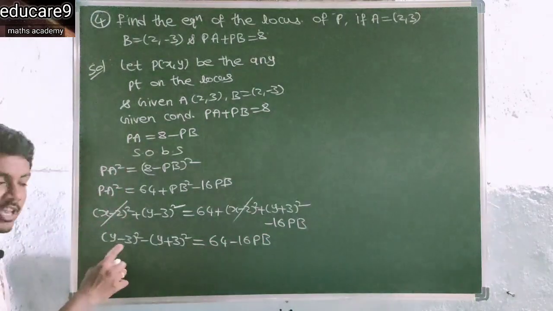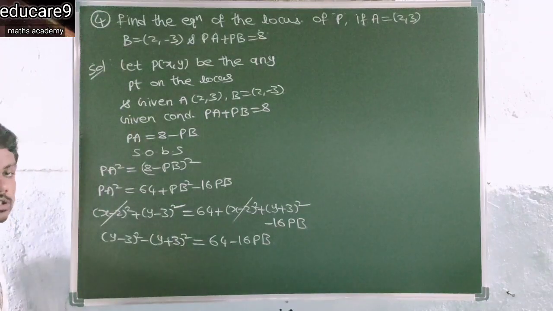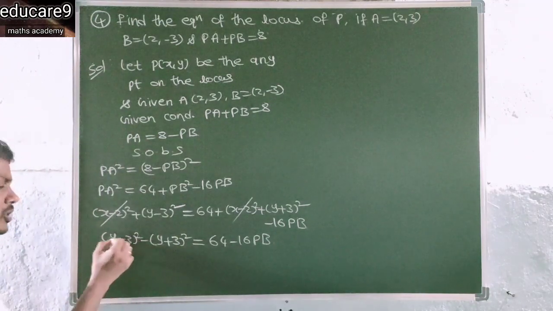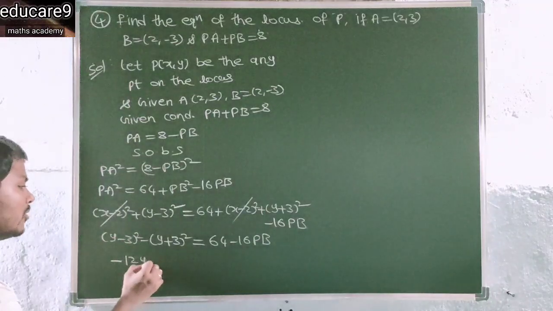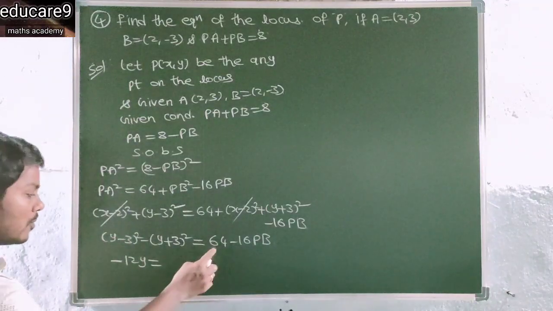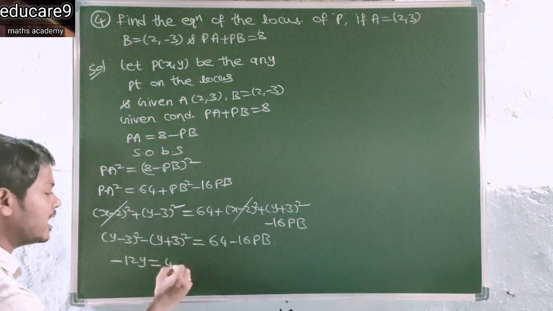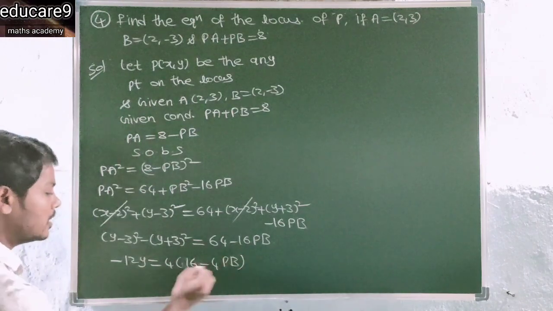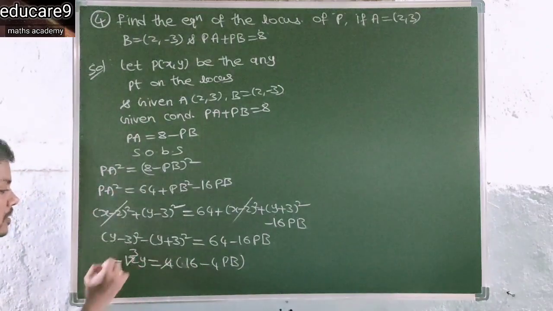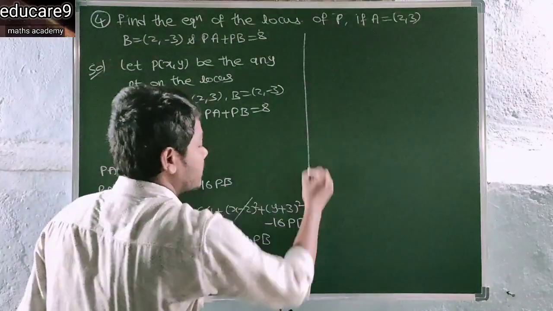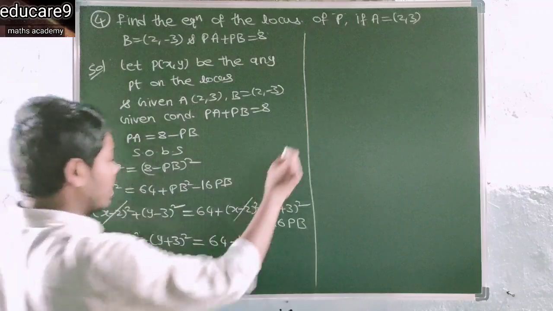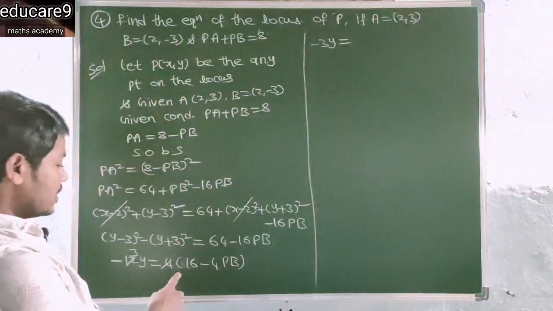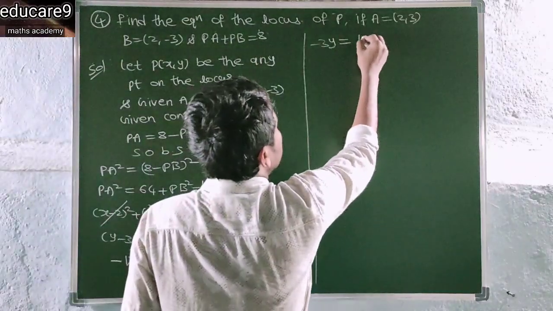So it is in the form of (a minus b) whole square minus (a plus b) whole square. This is minus 4ab. So clearly minus 4 into 3 into y, that is minus 12y. So here 4 is common. What you get? 4 fours are 16, minus 4 threes. So clearly this is minus 3y, equal to 16 minus 4 PB.